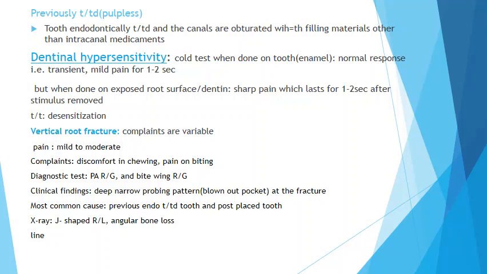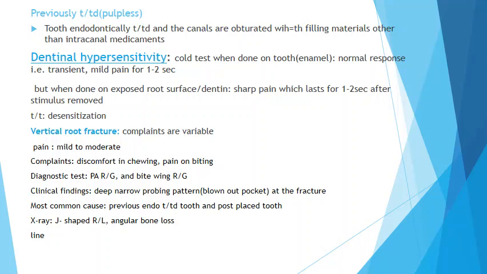It means endo treatment was done and the obturation is completed, like with gutta percha. There should not be intracanal medicaments which we leave in the canal so that we will do the final obturation later. No, the final obturation has to be done. That is, the root canal treatment has to be completed. If such a thing is mentioned, then you go for the option previously treated or pulpless tooth.